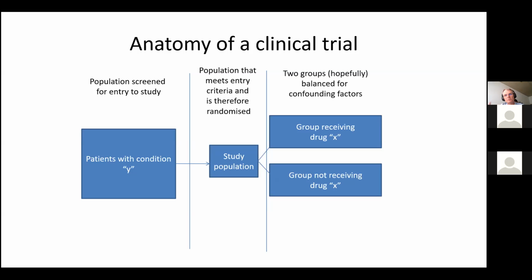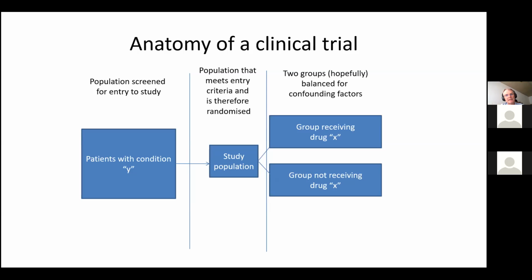So those two groups, we hope, are balanced for confounding factors. Now, what do I mean by confounding factors? As we all hear regularly in the news, for instance, about COVID-19, there are some people who are particularly susceptible to the disease and particularly susceptible to getting a worse form of the disease.